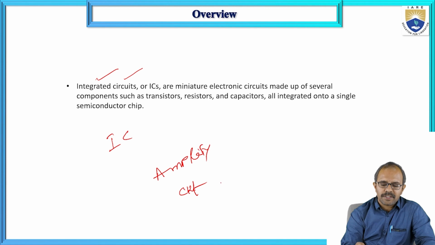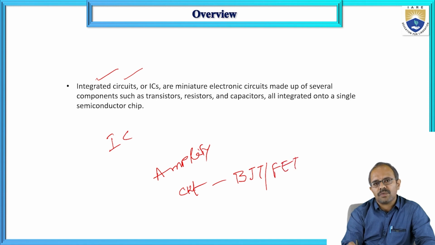What is that circuit actually? It can be a BJT based amplifier circuit. I can design a BJT based amplifier circuit. Also I can design a FET based amplifier circuit. It can be a FET based amplifier circuit. So again, if you recollect, it is a circuit having three configurations.